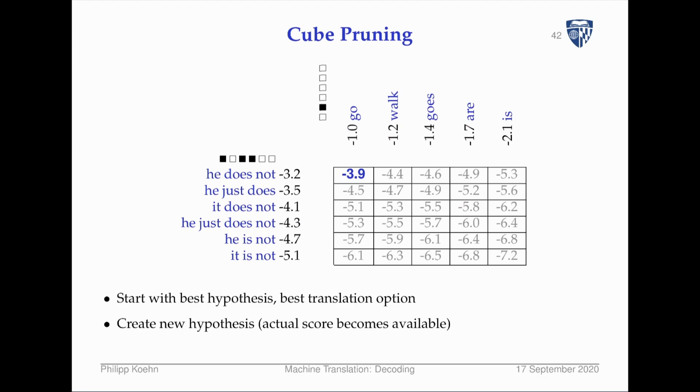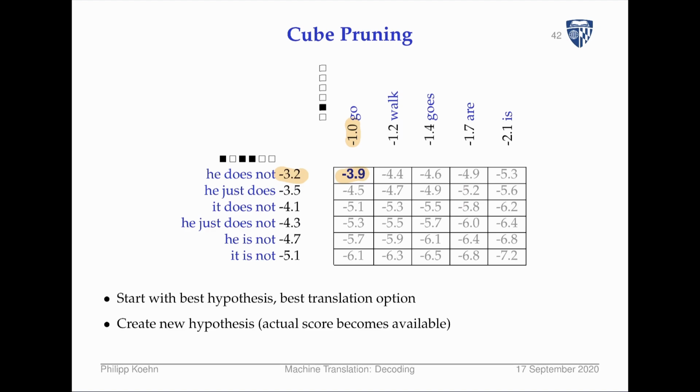So cube pruning does it a little bit differently, by iteratively computing these translation options. We have this matrix in the back of our mind that we built by simply summing up these costs. But now we're actually expanding this hypothesis. We're actually going to build this.